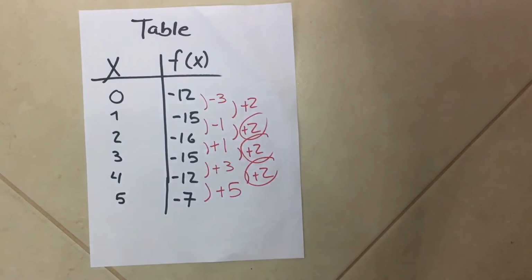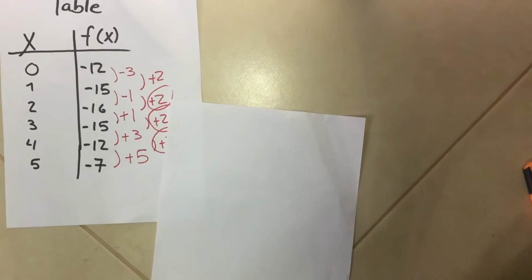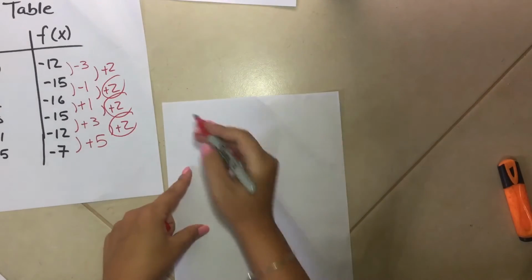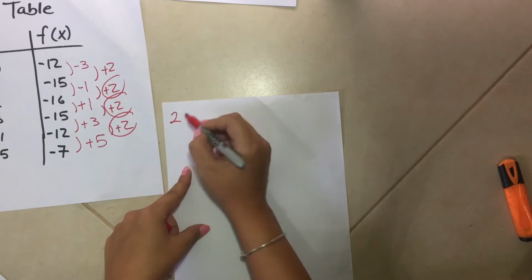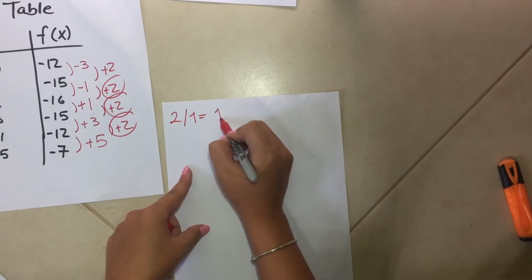Now, it is very important for us to know our second difference, because what we can do is divide 2 by 2, which gives us 1.